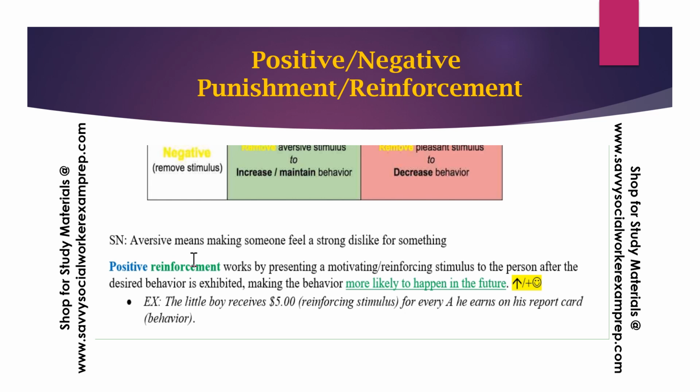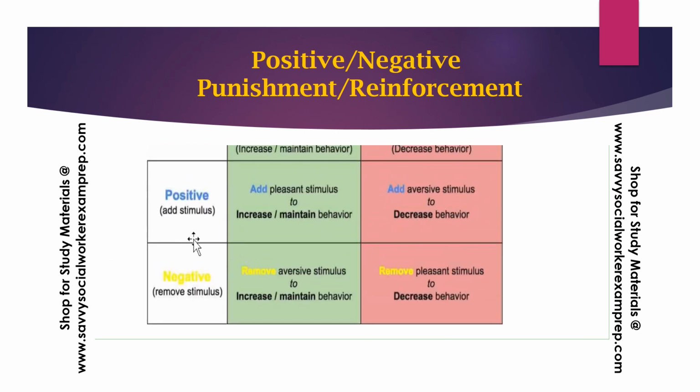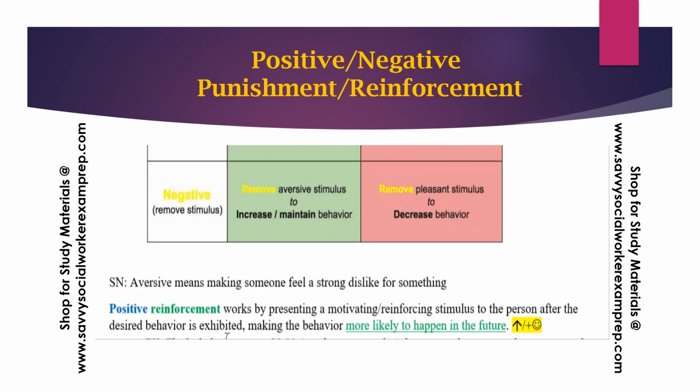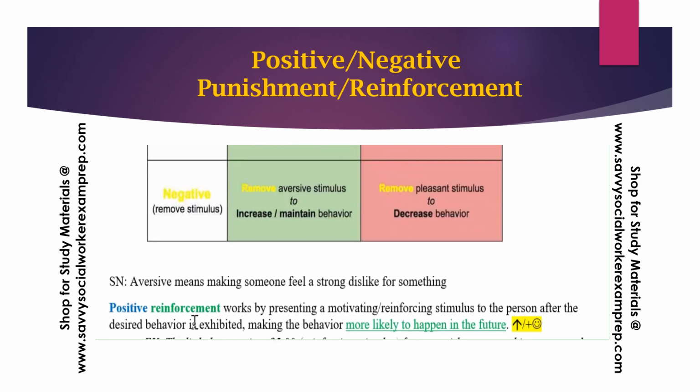That's why it's in green. An example of that would be the little boy receives $5 for every A he earns on his report card. So we are adding the $5, which is something positive, and we want to increase that behavior, so that's going to be reinforcement.